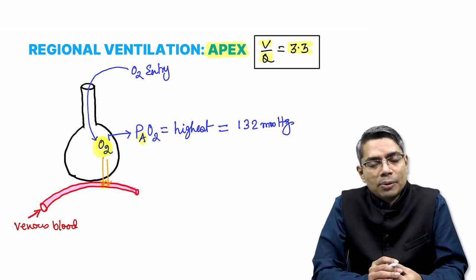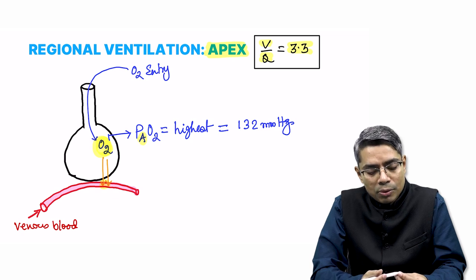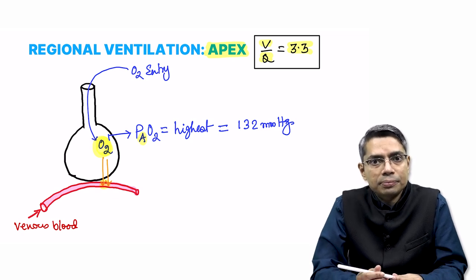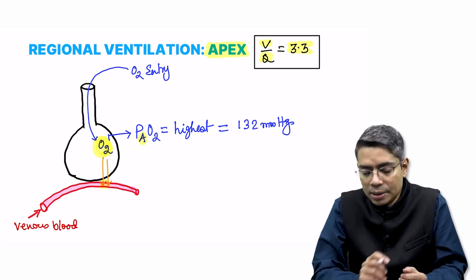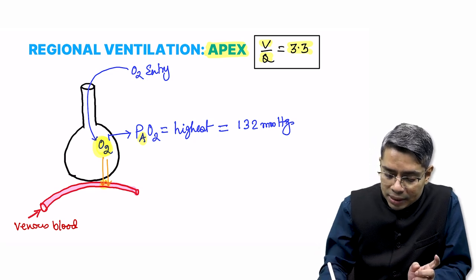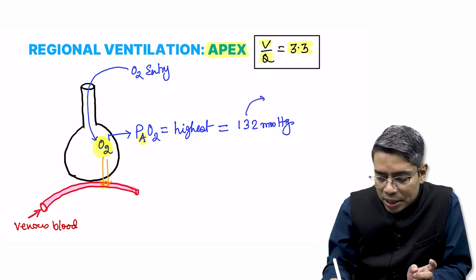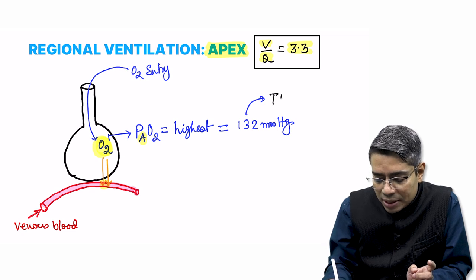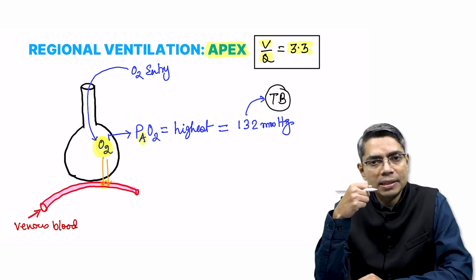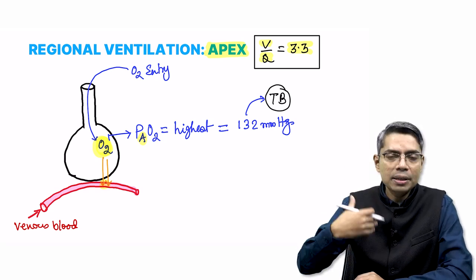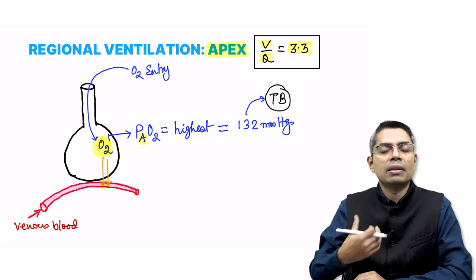Could you relate something? One question generally appears: why is tuberculosis infection more common in the apical alveoli? This is the reason. Tuberculous bacilli is a strictly aerobic bacteria. Whenever the bacillus enters your lung, it will be delivered in the apical region, middle part and the base of the lung.